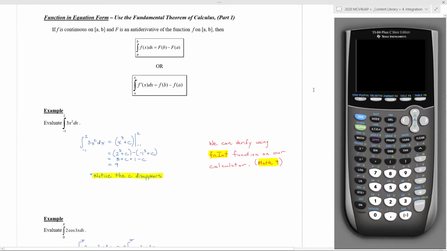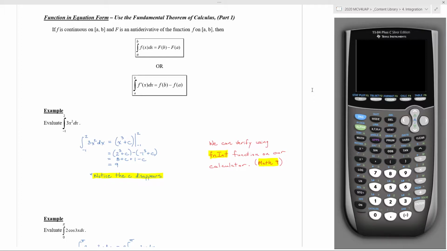Okay, that brings us to how do I evaluate definite integrals when I'm given the function. So we've already done this too, but I want to do it in a little more depth. The integral from a to b of f of x dx, what that means by the fundamental theorem of calculus is just find the antiderivative, sub in the right end point or the upper limit, sub in the left end point, which is the lower limit, and subtract the 2 values.